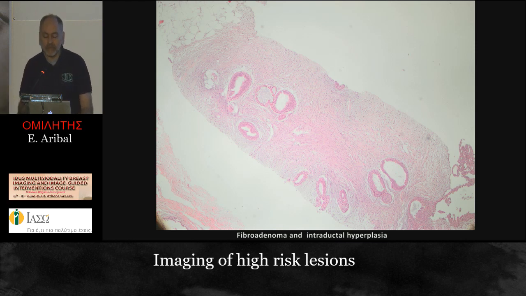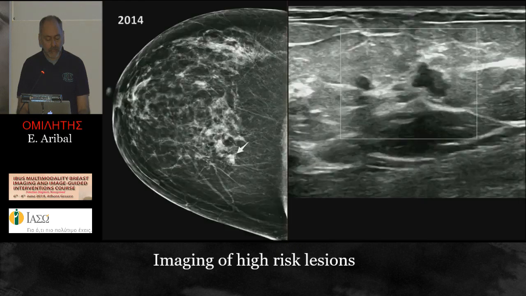It's very important that you discuss every case, particularly the benign cases as well as malignant cases, because in benign cases we have differences. We may have high-risk lesions. So this was reported as fibroadenoma and an intraductal hyperplasia, but it was a usual hyperplasia, not atypical. So they left the lesion there.